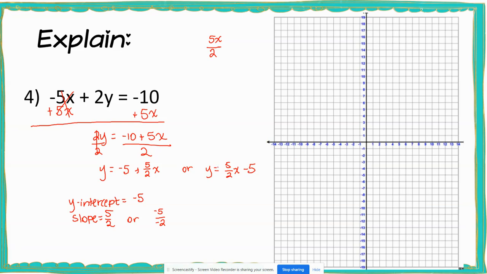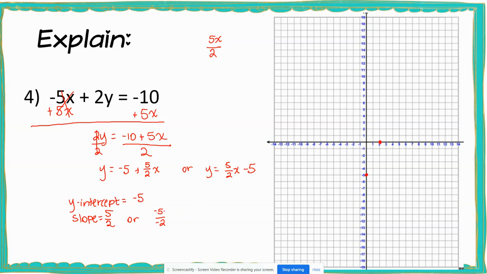To graph this, I'll start with my y-intercept, which was negative 5. So I'll go down to negative 5 on my y-axis. Since the slope is 5 halves, and those are both positive, that means it has a rise of positive 5. So I'll move up 5, and then a run of positive 2. So I'll move right 2.